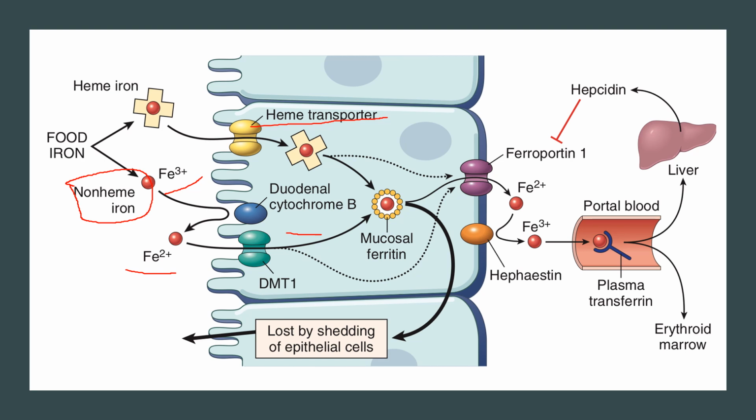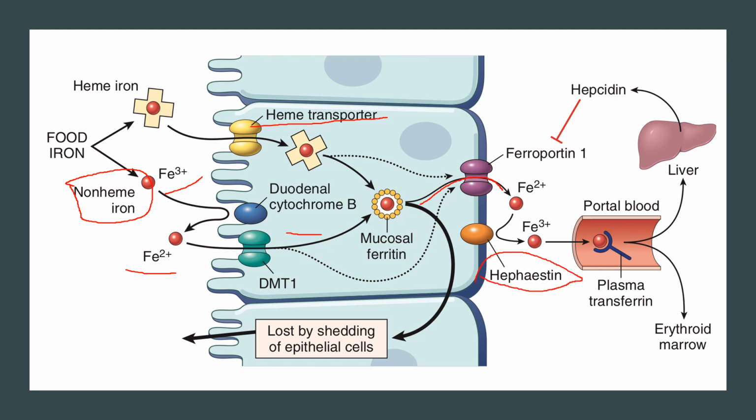Depending upon the body's need, the iron can get stored in the form of ferritin. Ferritin is actually apoferritin plus the iron. If the body needs the iron, then this Fe2+ goes into the blood via ferroportin 1, and then this Fe2+ is converted into Fe3+ via the enzyme called hephaestin. This Fe3+ is what we call ferric iron.